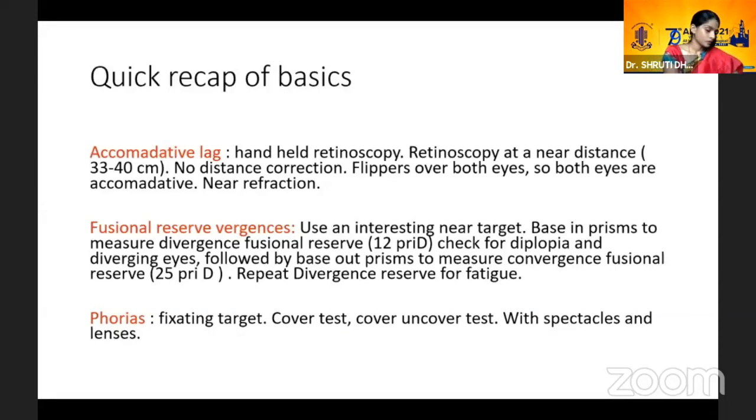Phorias. Now, phorias is something we as pediatric ophthalmologists and strabismus specialists measure very often. So, with a fixating target, do a cover test and a cover-uncover test. But what is important is that we do it with the spectacles as well as with contact lenses.